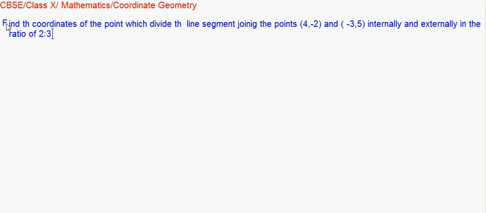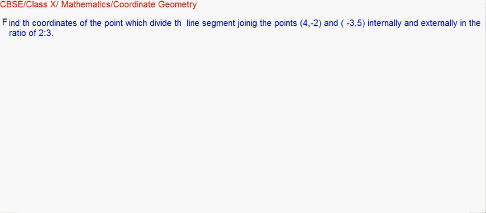This is referred to as M1 and M2. Let us first take the case wherein we'll calculate it for internal division. In such case, let me just note down, let P have this xy coordinate dividing AB internally.